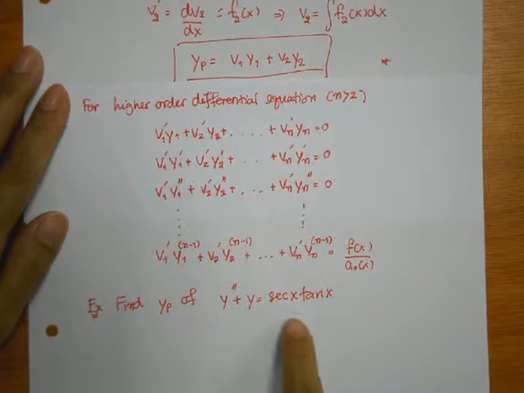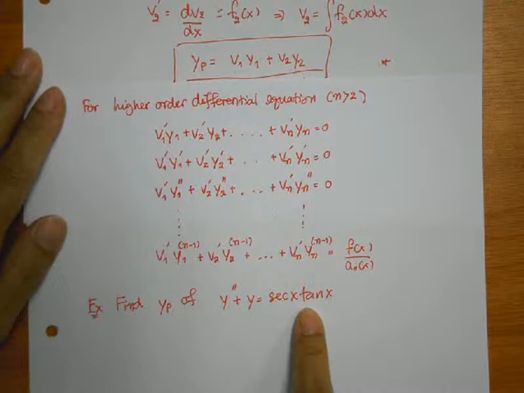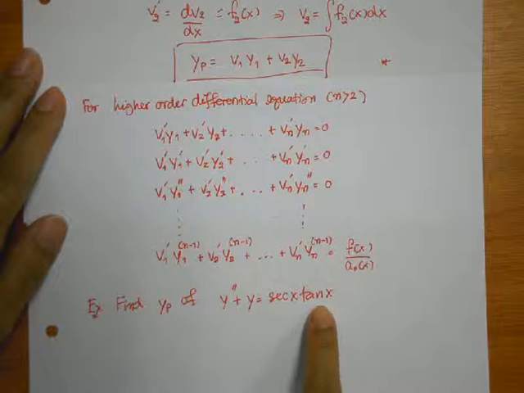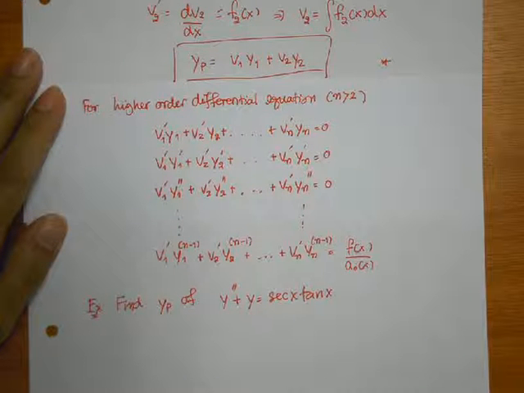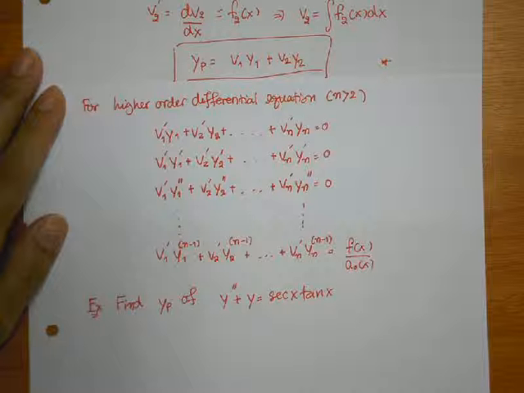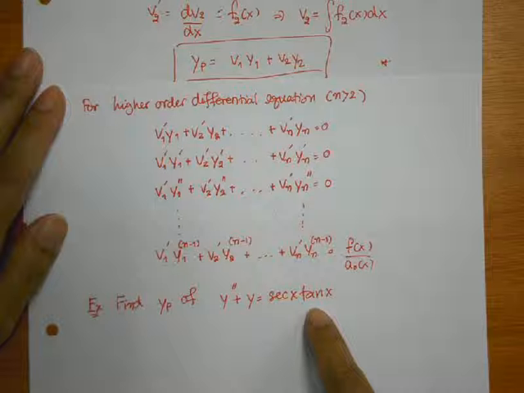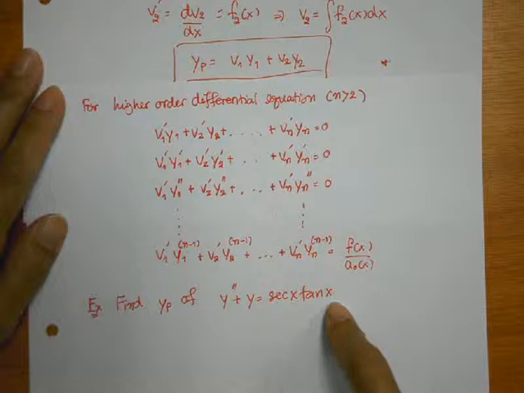Now, if you look at the right hand side, you see sec x times tan x. So from your previous methods, can you use any technique to find yp? Can you use the first method to find yp? No, because the function here is not a UC function.